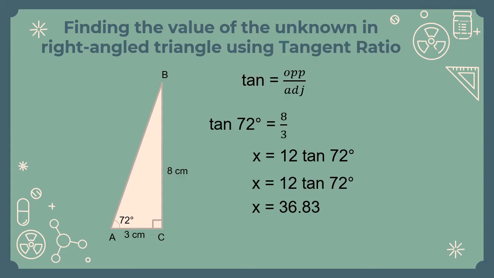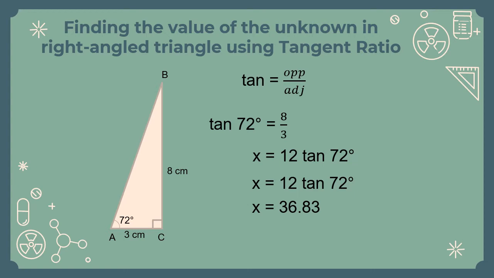So next, let's use the tangent. Why is it tangent? Since we are given the opposite side, which is 8, and the adjacent is equal to 3. So opposite and adjacent is the formula for finding the value of tangent. So we have tangent 72 is equal to 8, or the opposite side is equal to 8, and the adjacent is equal to 3.